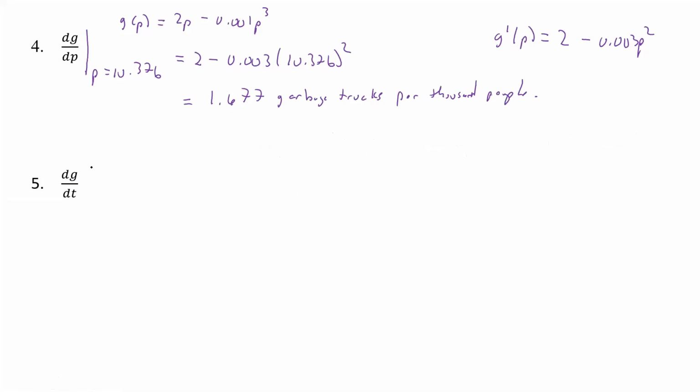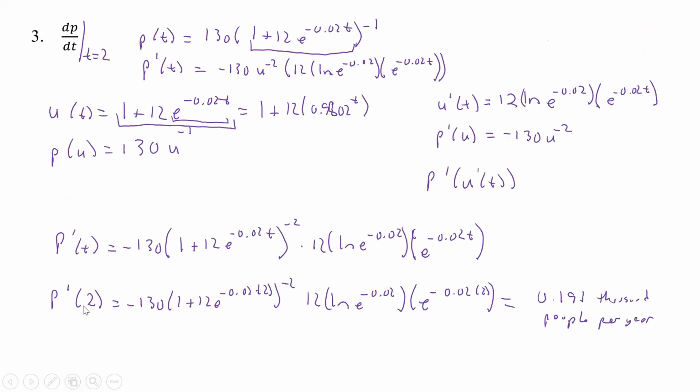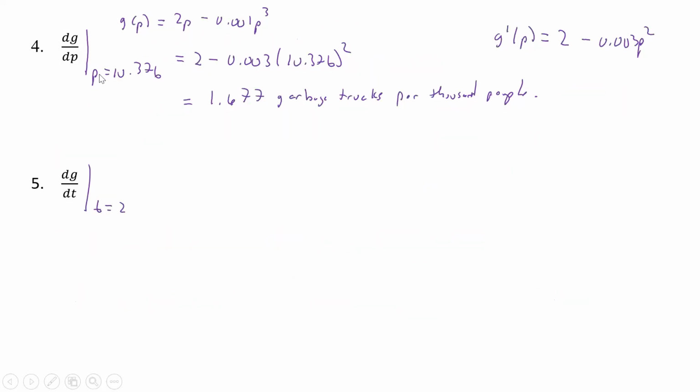And now my dG/dt, and again, it's going to be at t equal to 2. That's just going to be this one at 2 times this one, okay?